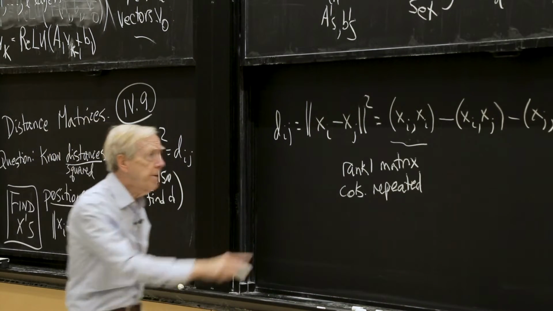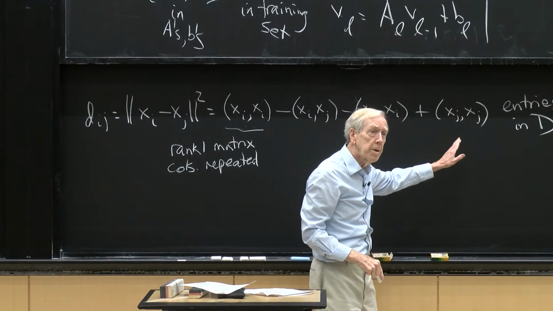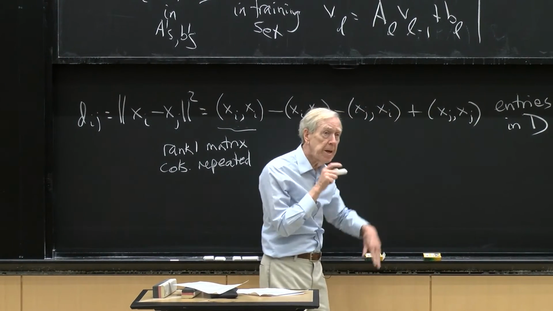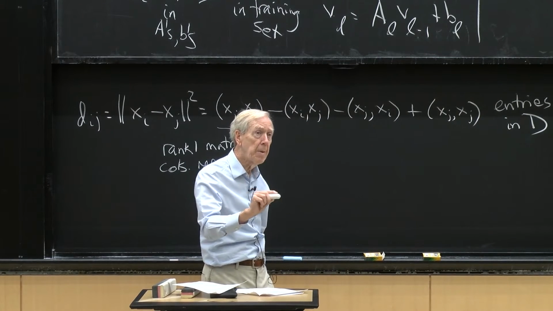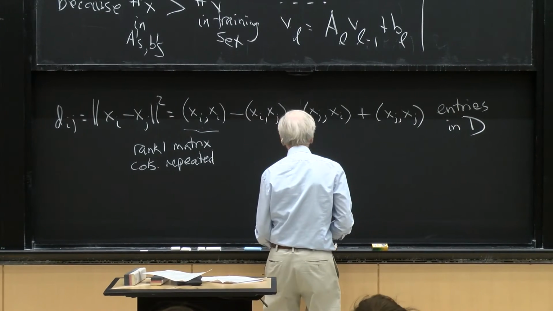And this produces, similarly, something that depends only on j, only on the column number. So the rows are all the same.